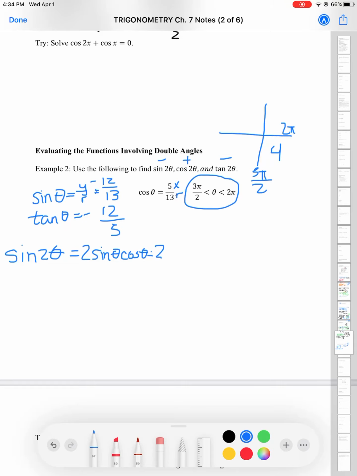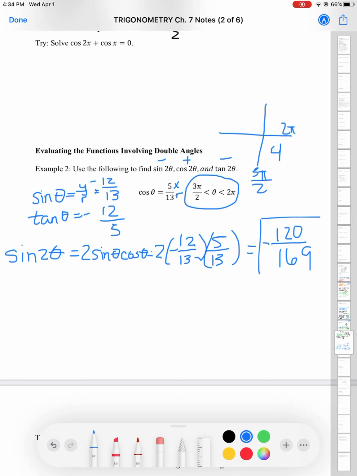So 2 times sine theta, which is negative 12 over 13, times cosine theta, which is 5 over 13, which you guys can do the math. It ends up being negative 120 over 169. And if you guys need me to do that math in the Zoom meeting on Friday, we can.